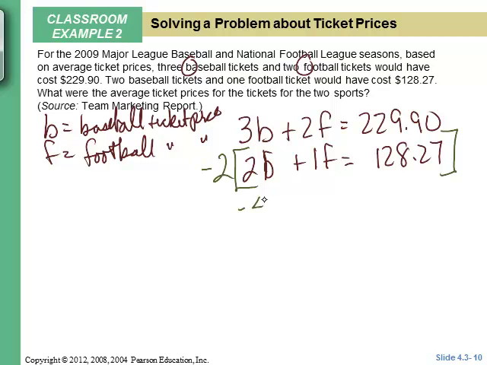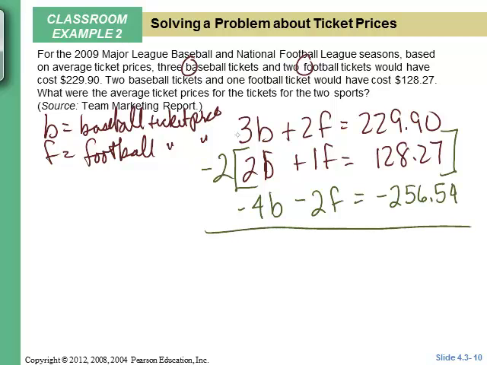So this would be negative 4b minus 2f equals, better get my calculator out, 128.27 times -2, and I get negative 256.54.